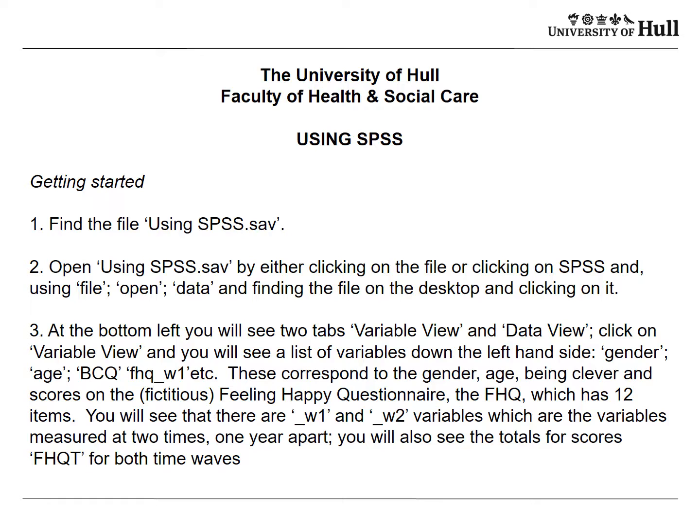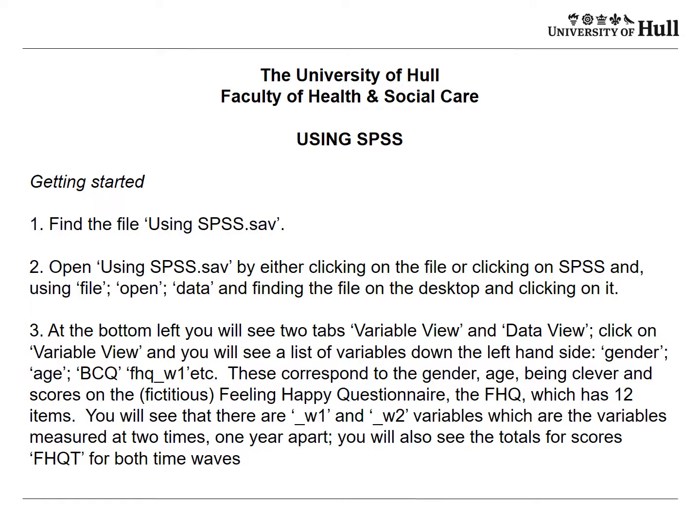At the bottom left you will see two tabs, Variable View and Data View. Click on Variable View and you will see a list of variables down the left hand side: gender, age, BCQ, FHQ, _W1 and so on. These correspond to the gender, age, being clever and scores on the fictitious Feeling Happy questionnaire, the FHQ, which has 12 items.